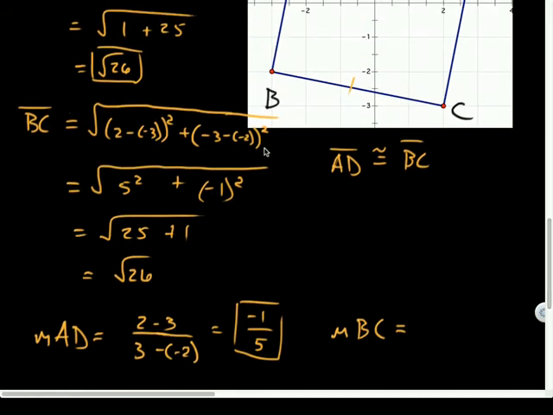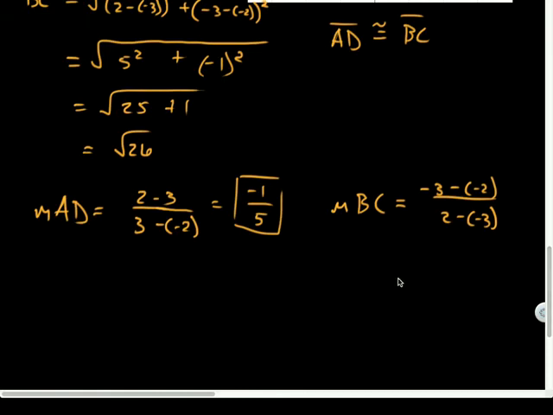That will be negative 3 minus negative 2, over 2 minus negative 3. And I'll get negative 1 up top and positive 5 on the bottom. So I've just shown that the slopes are the same. Therefore, I have proven that AD is parallel to BC.